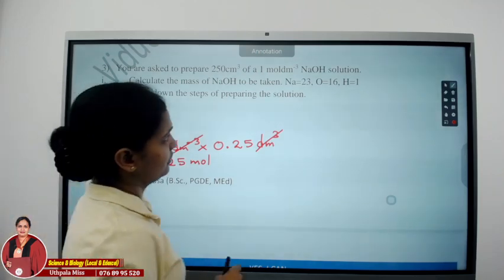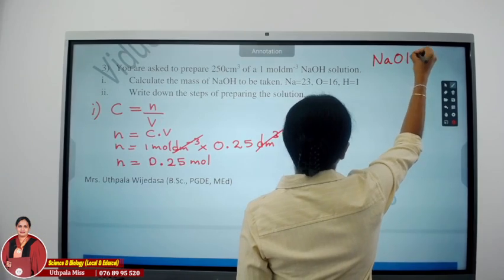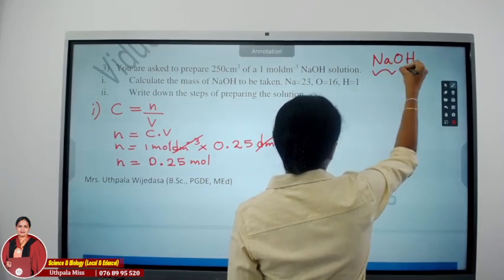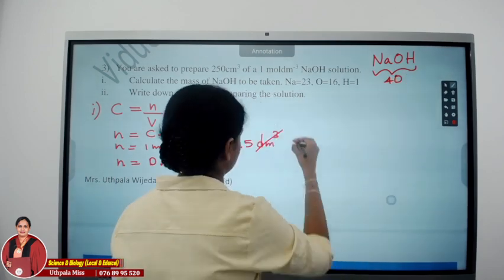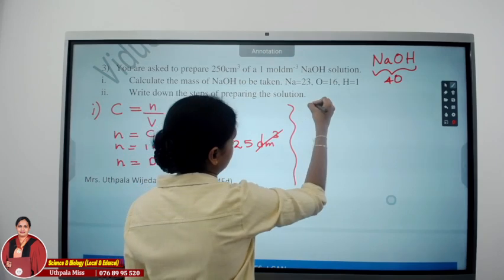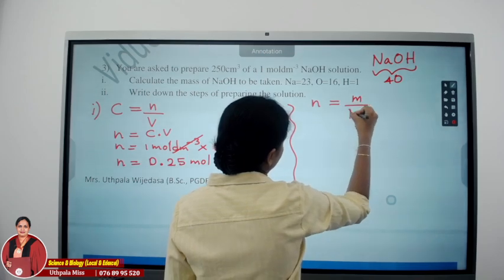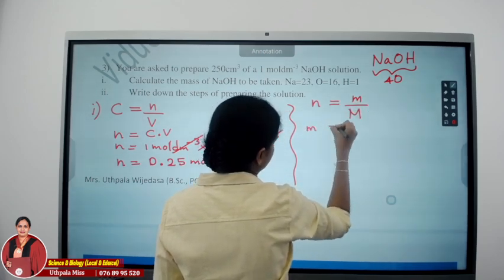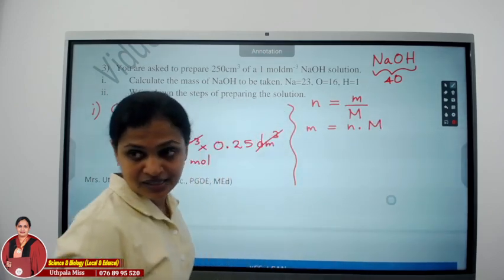For sodium hydroxide the relative molecular mass is 40, as we found earlier. Then you are asked to find the mass. Number of moles equals mass divided by molar mass. Therefore mass equals number of moles multiplied by the molar mass.